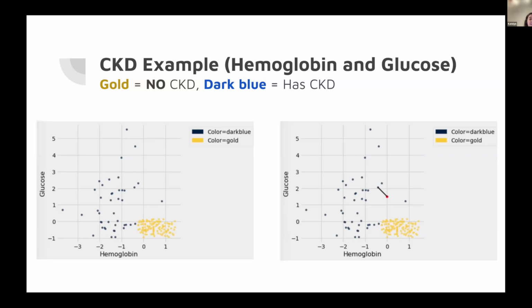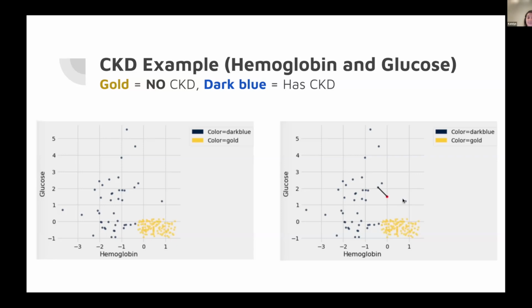You'll notice that there is clearly a trend. All the people who do not have it are bunched up in terms of their hemoglobin and glucose levels. So based on Alice's placement in this graph, we can figure out if she would associate with those who do not have chronic kidney disease or those who do.